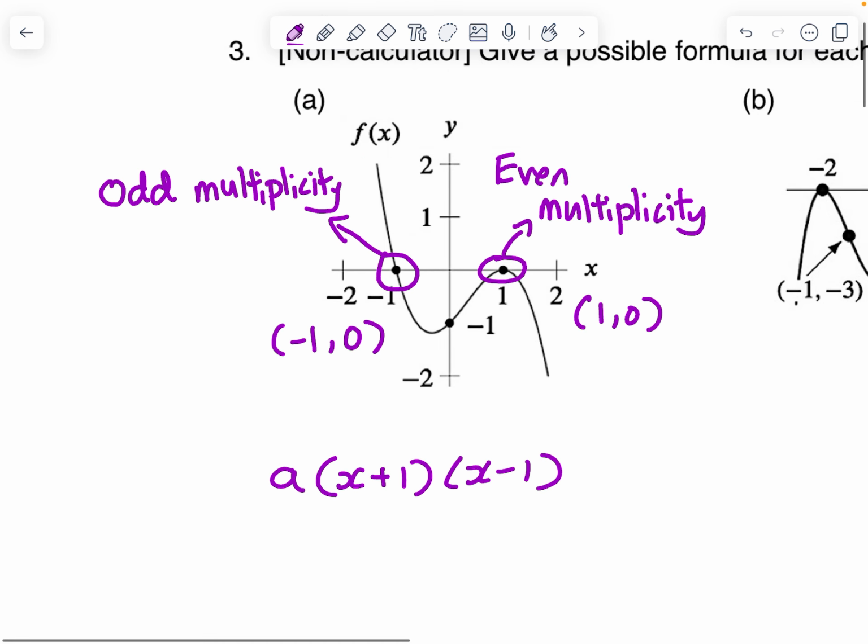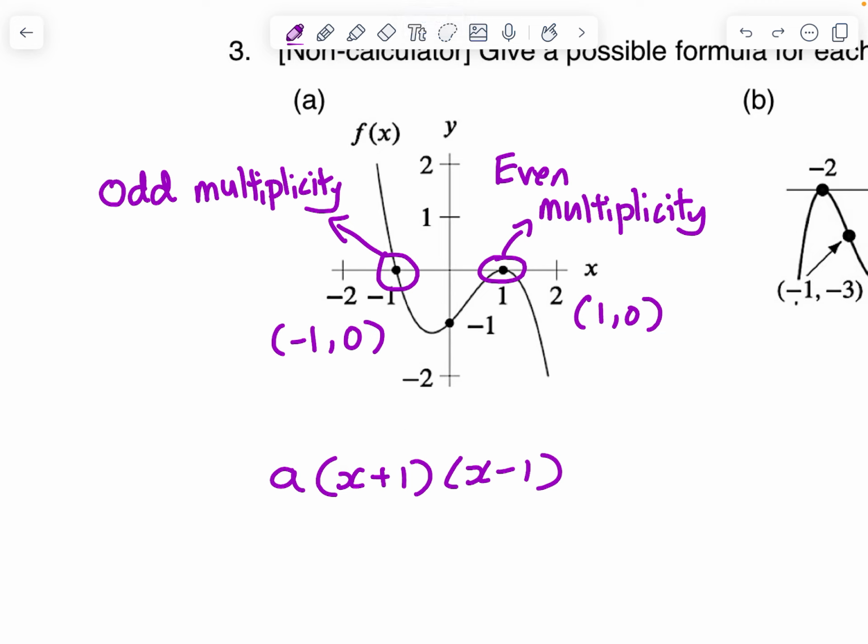Now, I mentioned odd multiplicity and even multiplicity. Odd multiplicity means that the power is going to be an odd number. Here, this corresponds with this zero, and we know that it's odd multiplicity. So it could be to the power of 1, 3, 5, 7, you get what I mean.